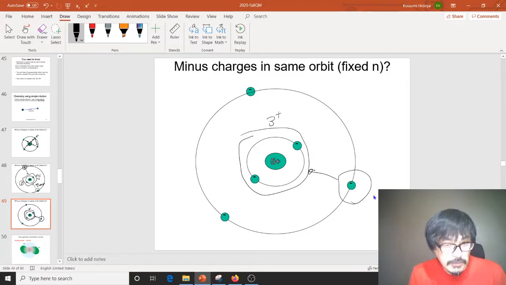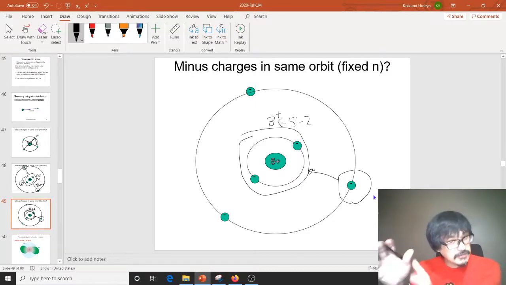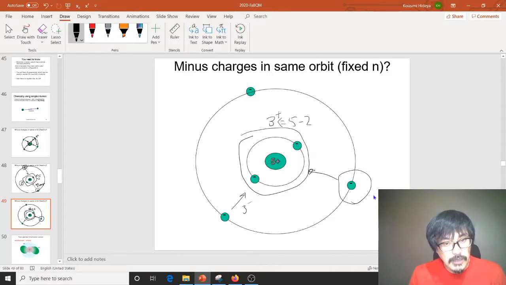Why do I say 3 plus charge? Because 5 minus 2, right? 5 positive charge and then 2 negative charge makes a 3 plus. So if it's really too far away, this negative charge sees effectively a 3 plus charge in the middle. So each one of these guys is attracted to this 3 plus charge, right?